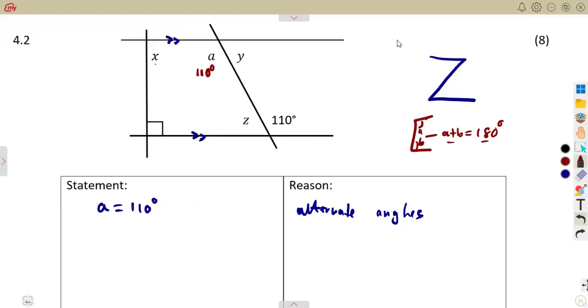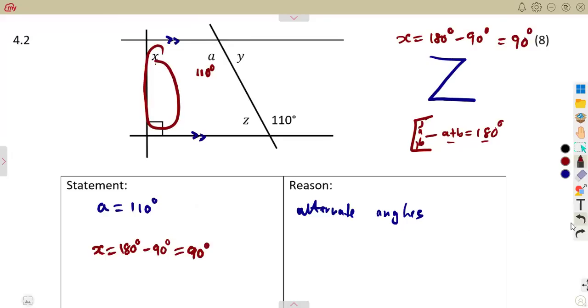So X can be calculated: 180 minus 90 degrees, which is 90 degrees. So that is the value of X. Co-interior angles, where we form a C. Like I said, you can use any way, guys, as long as your X is 90 degrees. That is what is important, because there are so many ways.